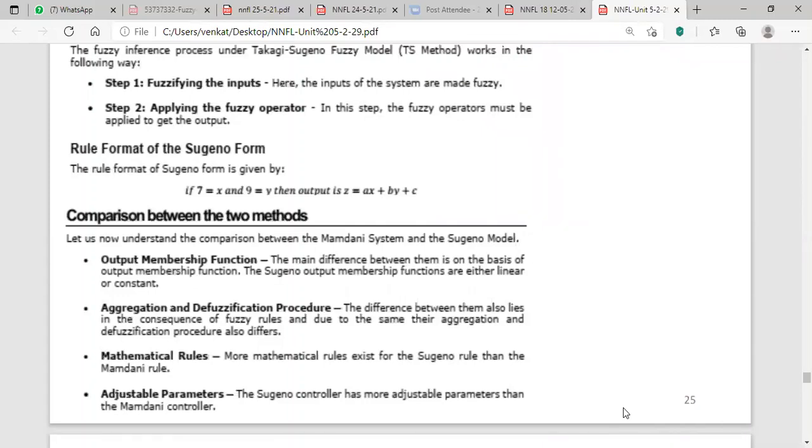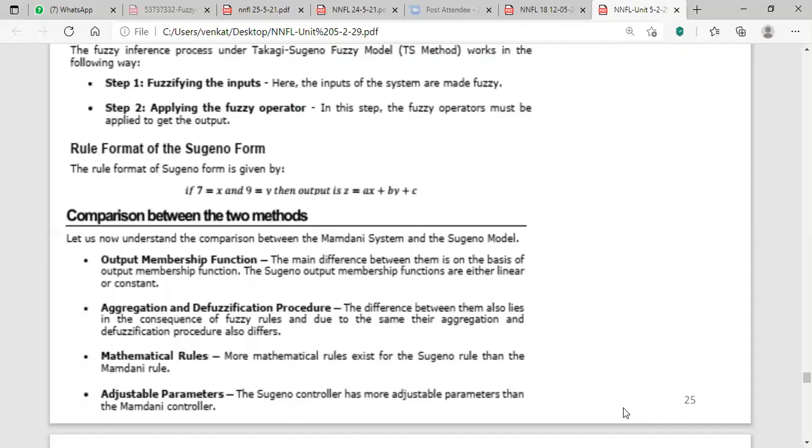So considering the output membership function, the main difference between them is on the basis of your output membership function. The Sugeno output membership functions are either linear or constant. Okay.